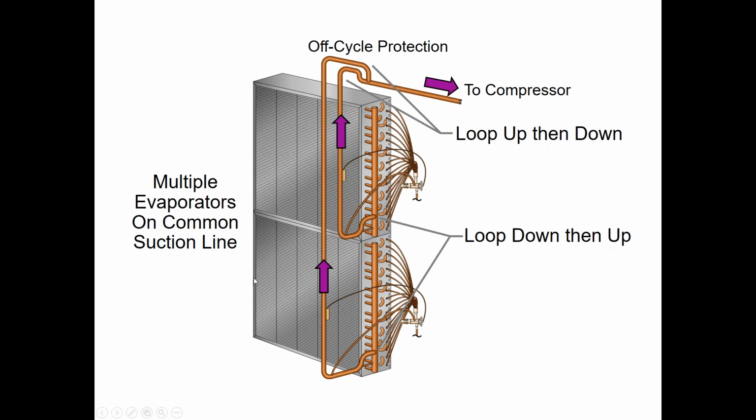I'll just cover this real quick. If you get into a split face application, the bottom coil will always be the first on coil and the last off coil. So this is the first one to have its solenoid valve energized and have refrigerant flow, and the last one off.